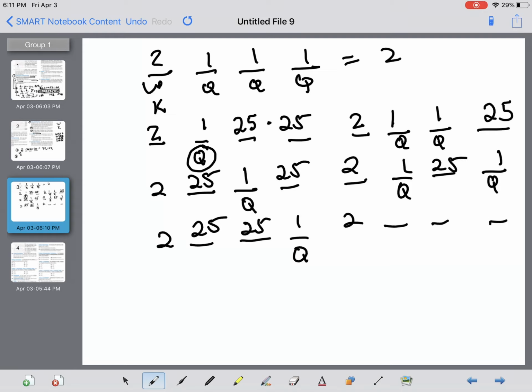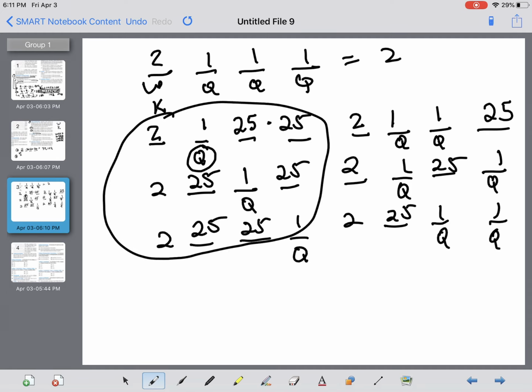And one that you probably see that I haven't done is if the last two are Q's. If this is a Q and this is a Q, then this could be 25. And so this is 25 times 25 times 2. All right, that's 1250, and there's 3 of those.